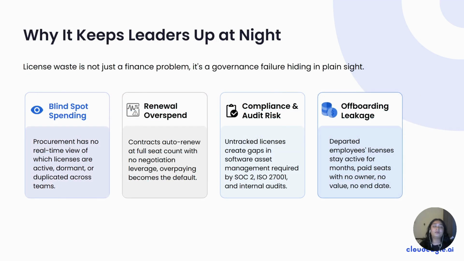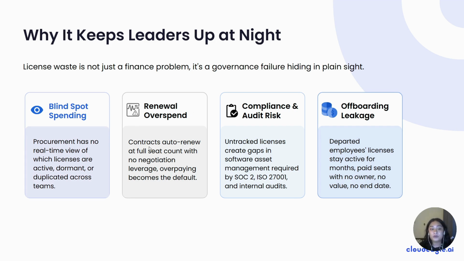This is also a very specific thing that currently a lot of IT leaders are facing. It's not just a financial problem that a lot of CEOs, CTOs and CIOs are facing, but it's more of a governance failure as well. So first, blind spot spending. Procurement has no real-time view on what licenses are active, which are dormant, or sometimes you're paying for applications that are already there, so it's a duplicate thing.